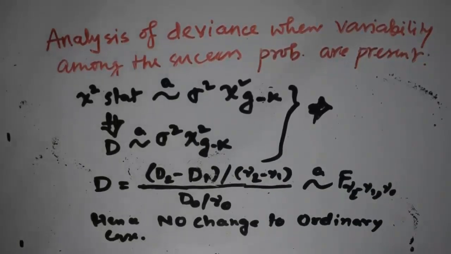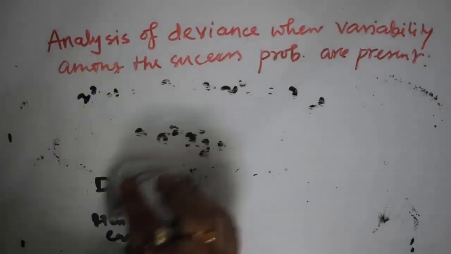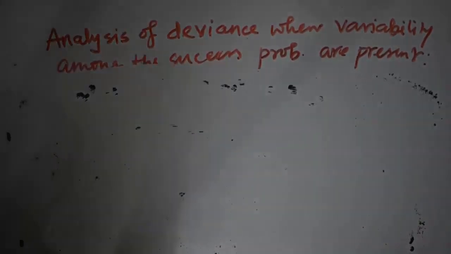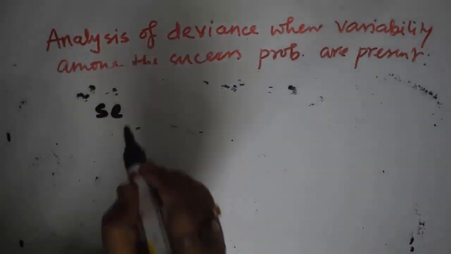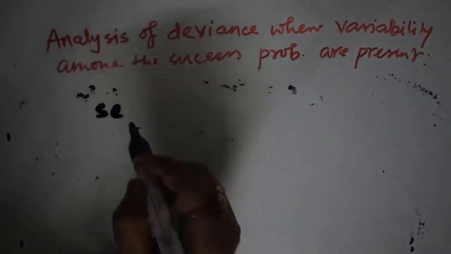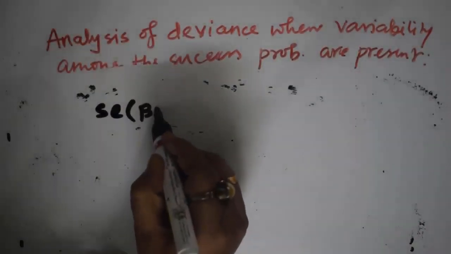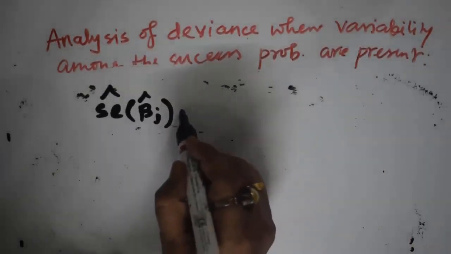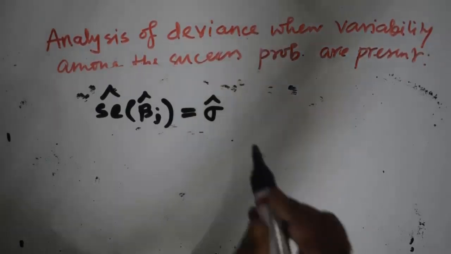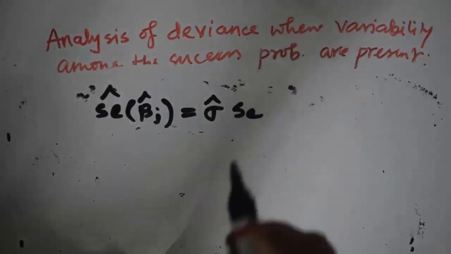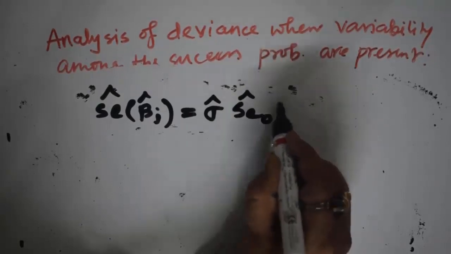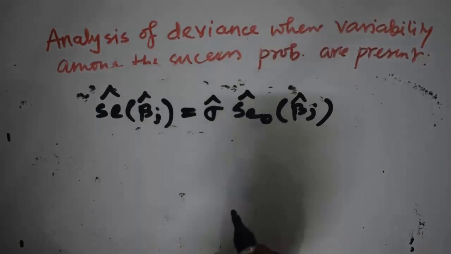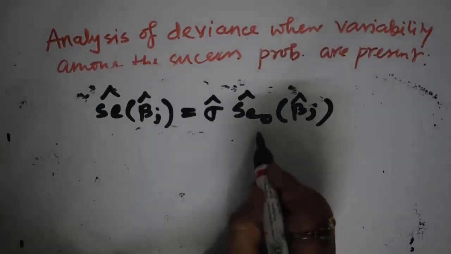But standard error in the situation of overdispersion is equal to sigma hat into standard error, the estimate of the standard error of beta j of ordinary case.